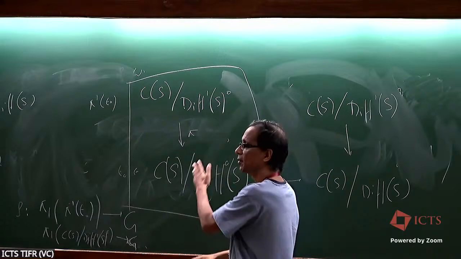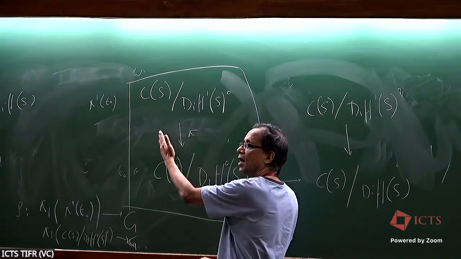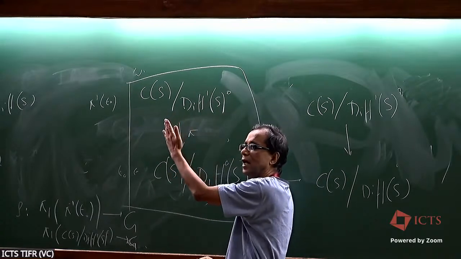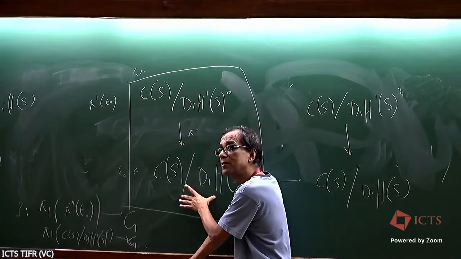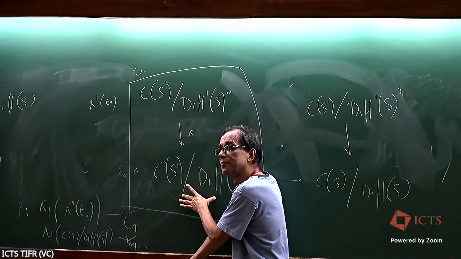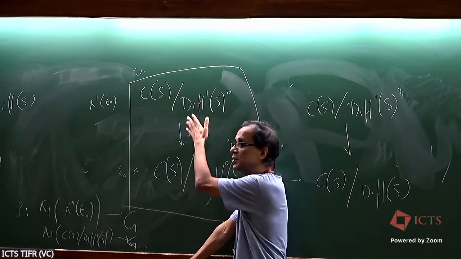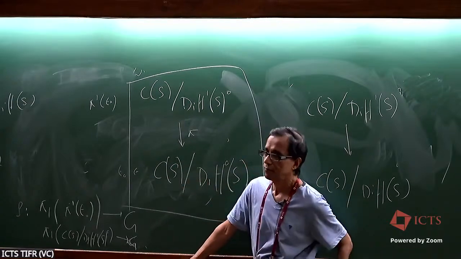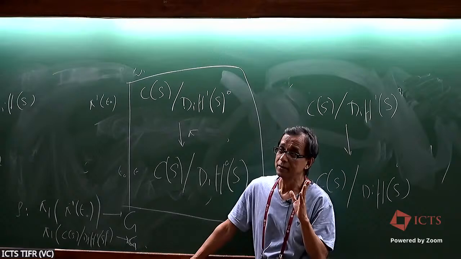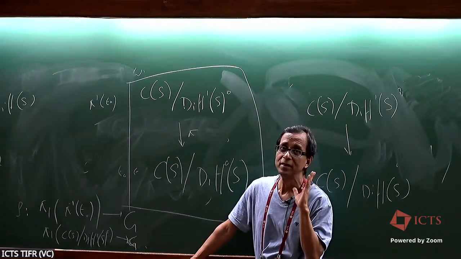Now I can do the following thing. For each fiber, I restrict the flat connection. And for that flat connection, I get a Higgs bundle. I get a family of Higgs bundles on the fibers, parameterized by the Teichmuller space. Now I can ask, when is this family of Higgs bundles holomorphic?